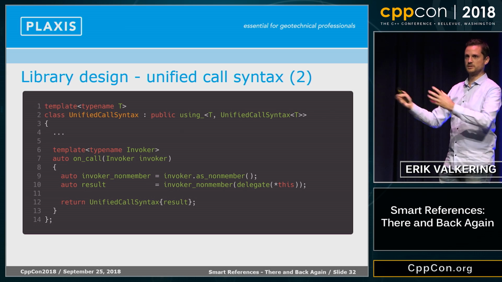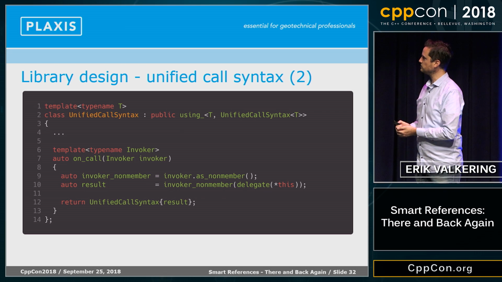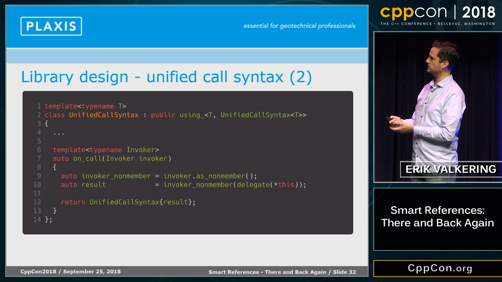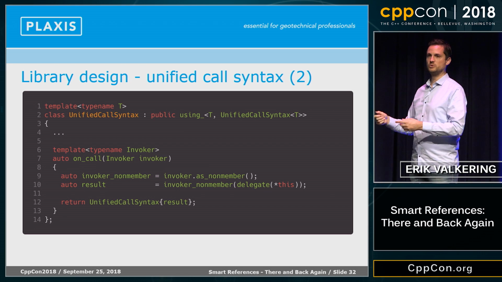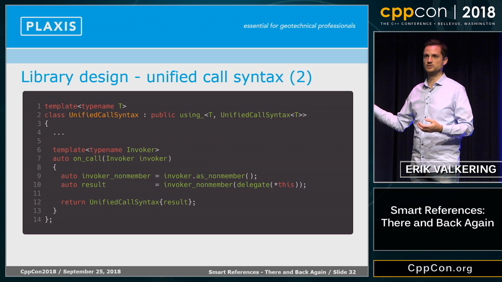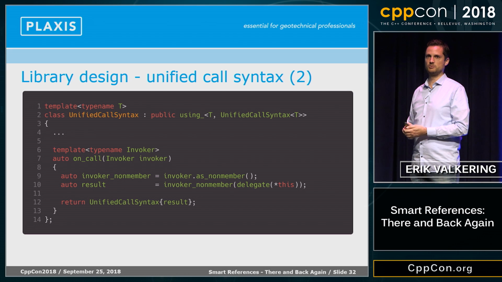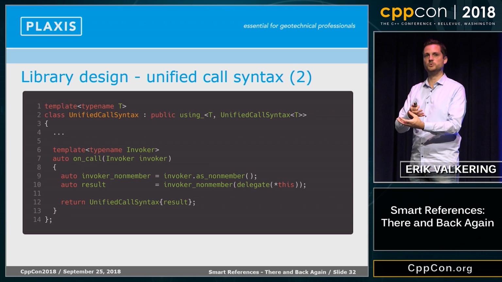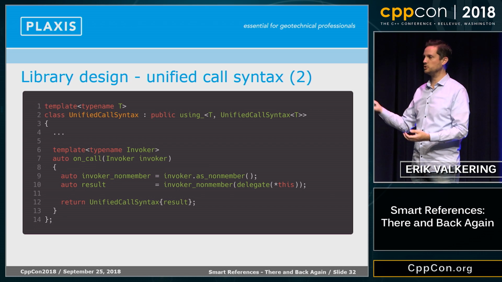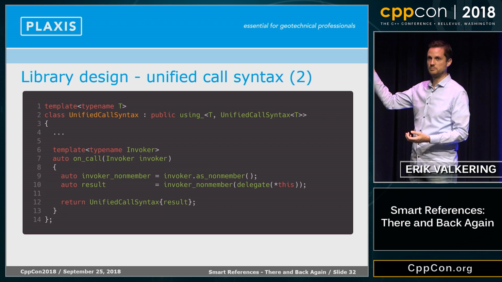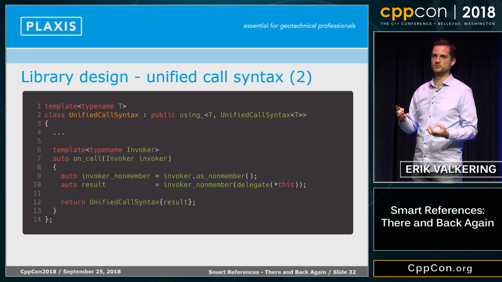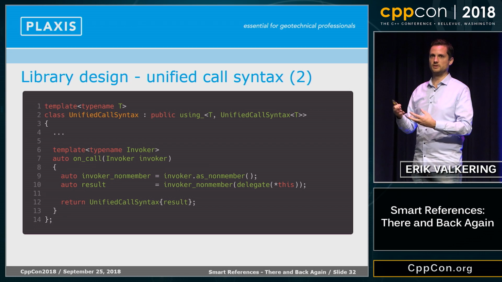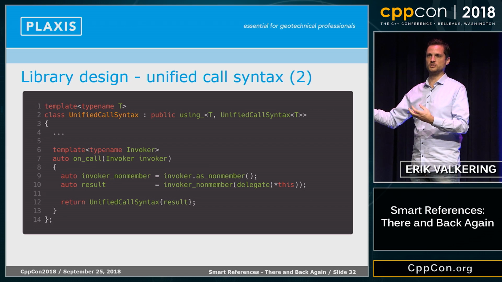First it extracts the delegate object, and then it calls this function, and then the result is wrapped again in the unified call syntax class, because we want to allow for chaining. For example, if you have a function that has as input a vector and as output a vector, then without wrapping you would return a vector, and then you cannot chain the function calls anymore.